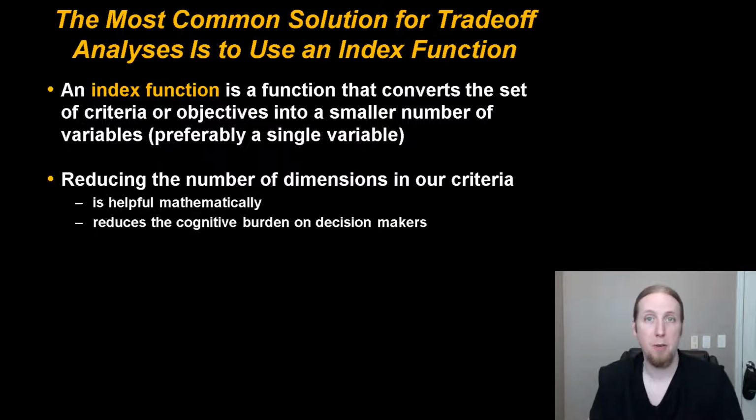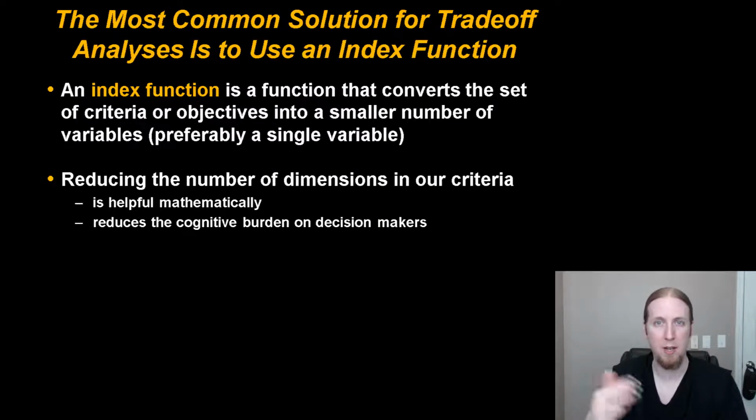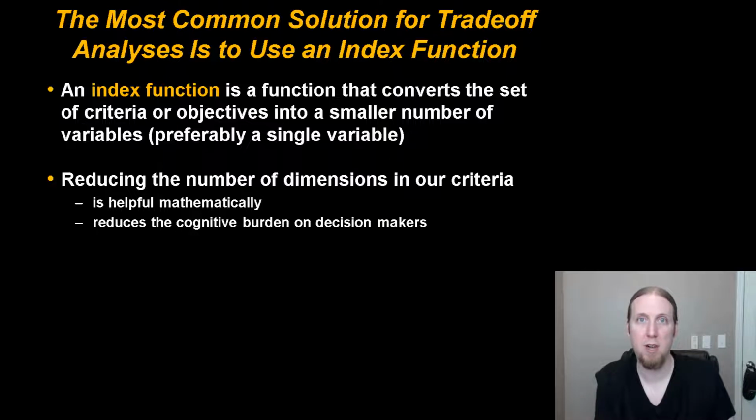We've already seen something that we called an index earlier in the semester when we were talking about inflation, and that was boiling down the price of lots of different types of goods into a single scalar value that indicates, on average, relatively speaking, how much more expensive is something today than it was 5 years ago. We have a similar concept here, where we're just going to try and convert the set of objectives that we have into some smaller number of variables. Preferably, we want to reduce it down to a single scalar value.